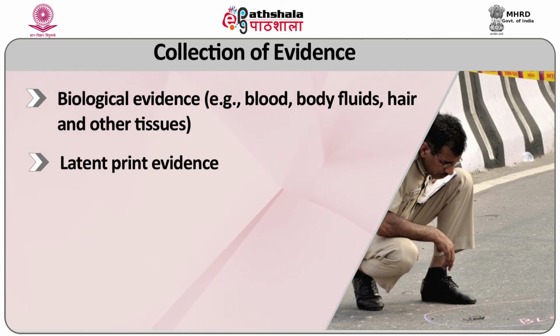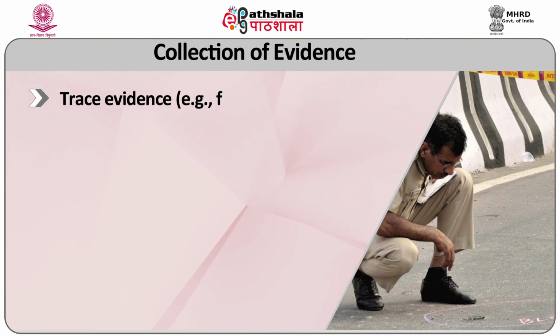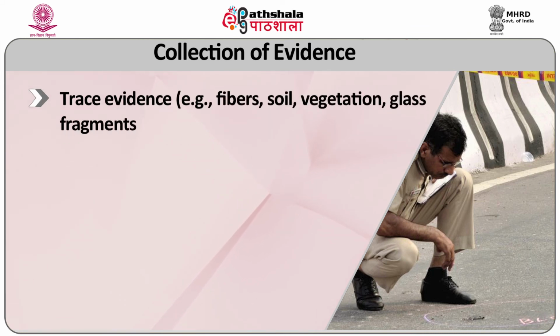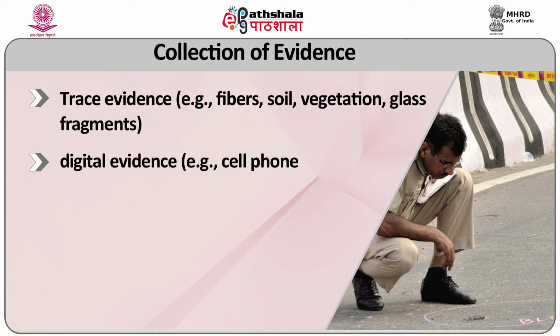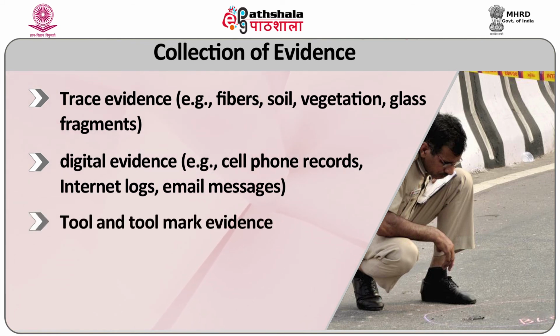Latent print evidence, for example fingerprints, palm prints and footprints. Footwear and tire track evidence. Trace evidence, for example fibers, soil, vegetation, glass fragments. Digital evidence, for example cell phone records, internet logs, email messages. Tool and tool mark evidence.